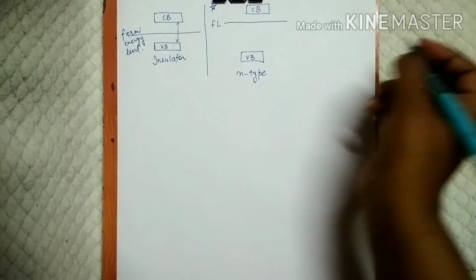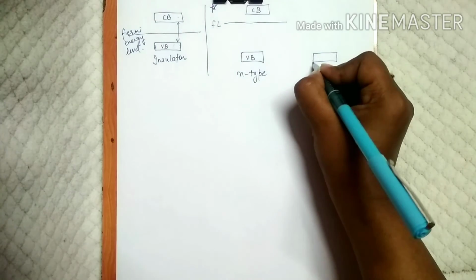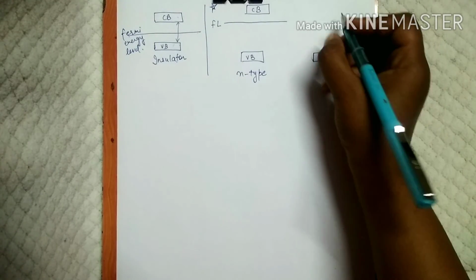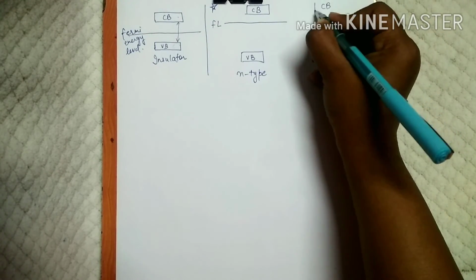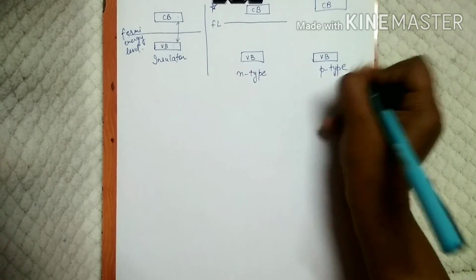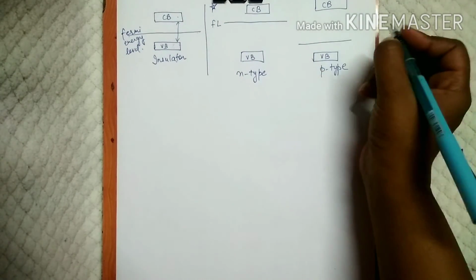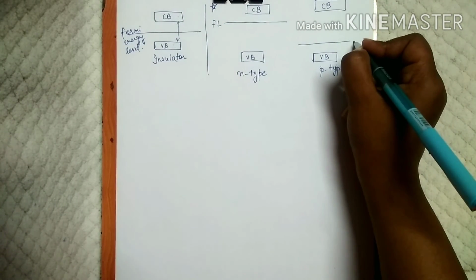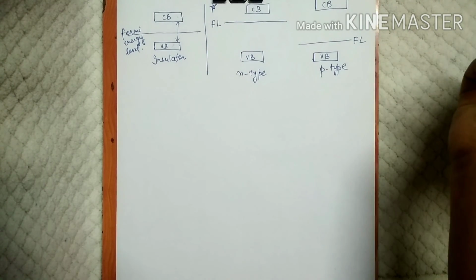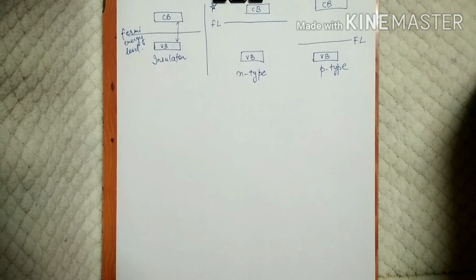Star mark this. Suppose there is valence band here and conduction band here. So in case of p-type semiconductors, what happens? The Fermi energy level is near to your valence band. Okay, so this is the placement of your Fermi energy levels.